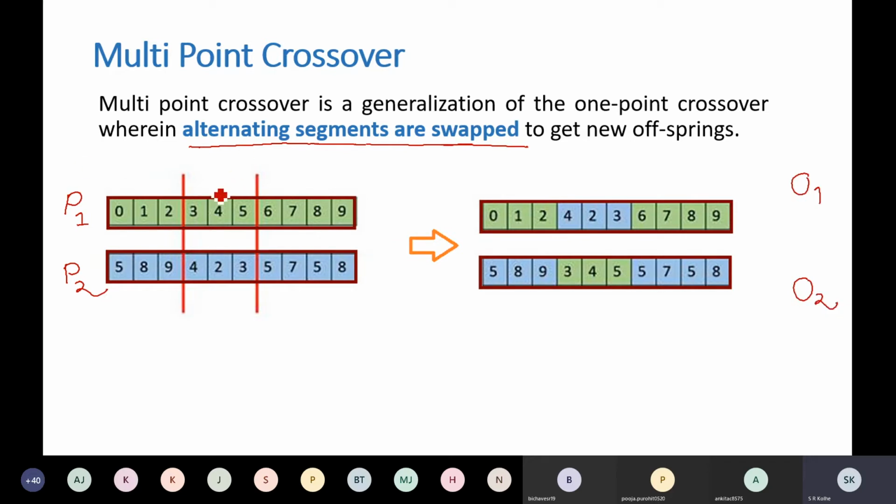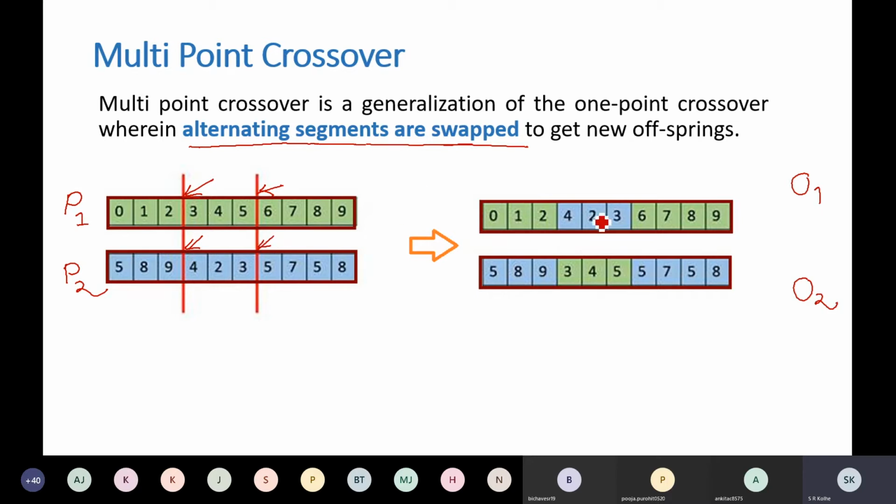Now two crossover points are selected again by using same method, that is randomly you will have to select two crossover points. Now here first one is 1 2 3 third digit, then 4 5 6 6 digit. So these two crossover points are selected. Now alternating segments are swapped.